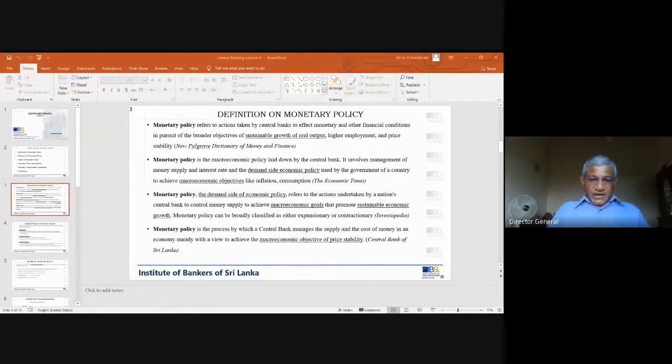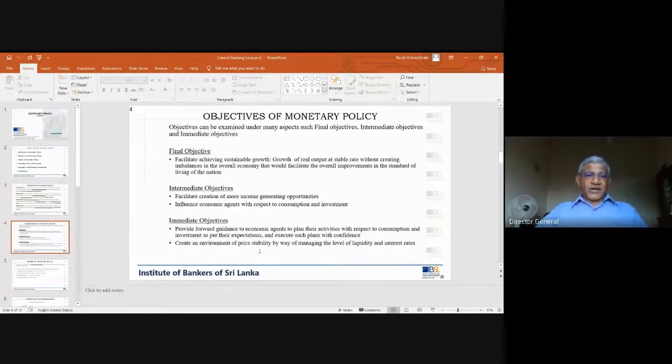Right, now let's go back to our slides. Objectives of monetary policy. Objectives can be examined under many aspects: final objectives, intermediate objectives, immediate objectives.